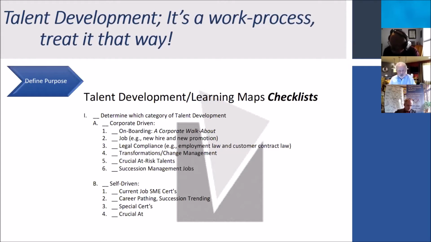Obviously, you want to help to justify that with them, like relative to career pathing. Okay, so I'm not going to go through all of these, but you can see there are a number of different learning maps or checklists, reasons for doing training. And if you're doing one of these over another one, it's going to totally change your design.